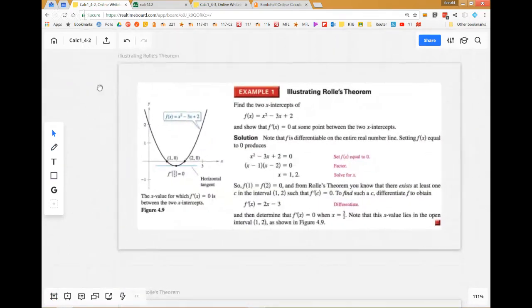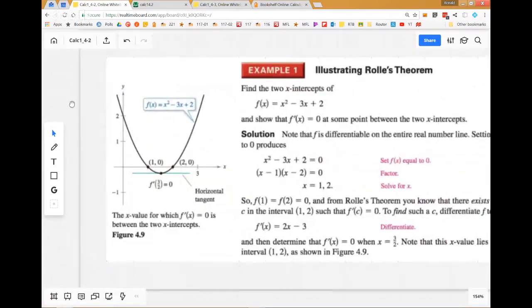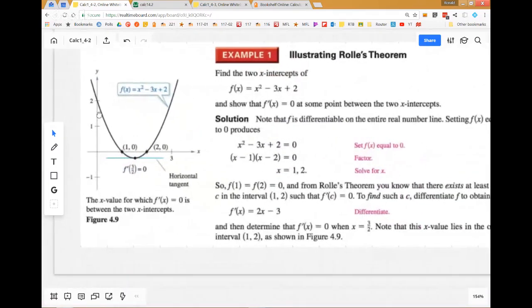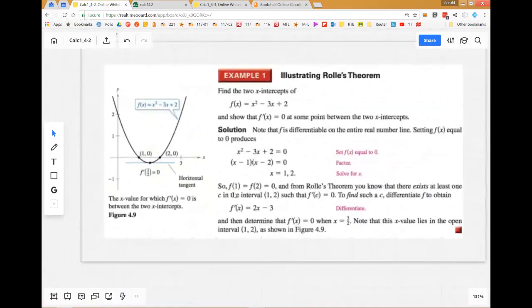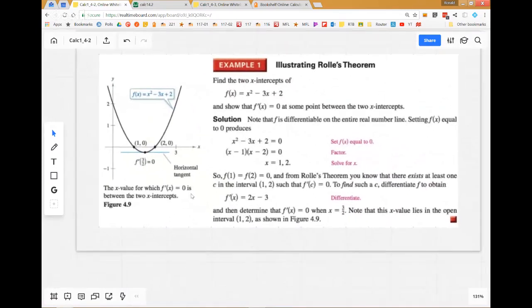So here's the first one. We've got a function. I think you will all agree that it's continuous. You can see the picture of it here, the black graph. So Rolle's theorem ought to work here. It's at the same height on the two ends.